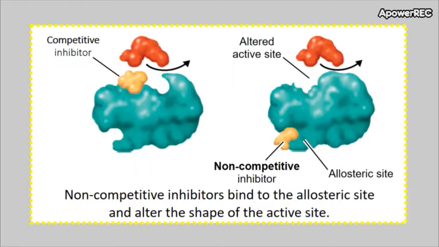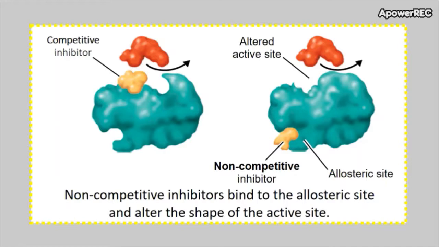Enzymes need to be regulated so that they don't sort of run amok in the cell. The cell needs to control what sort of metabolic processes need to take place. In competitive inhibition, it does so by interfering directly with the active site.